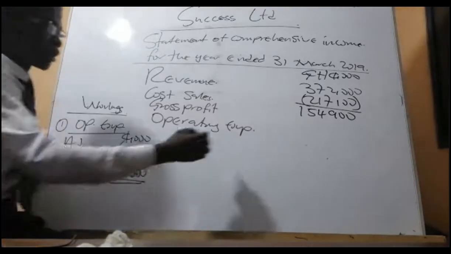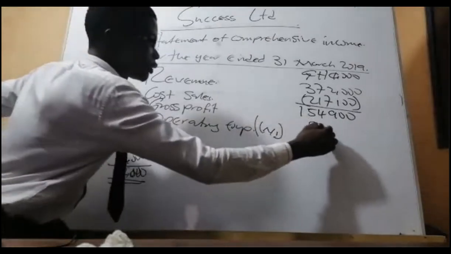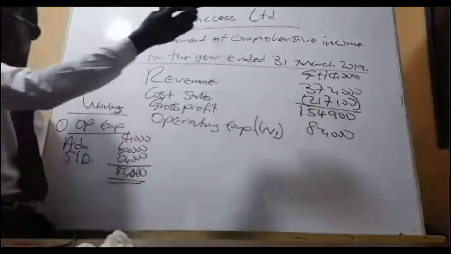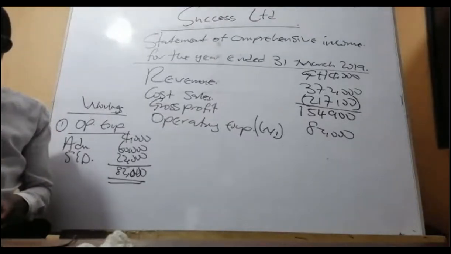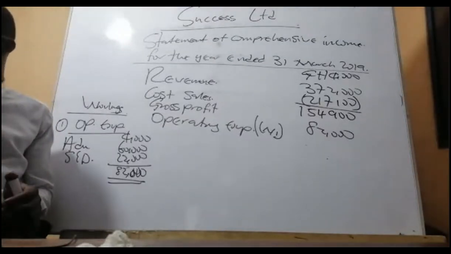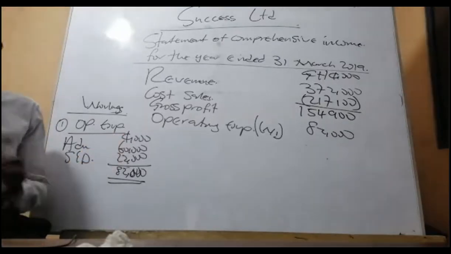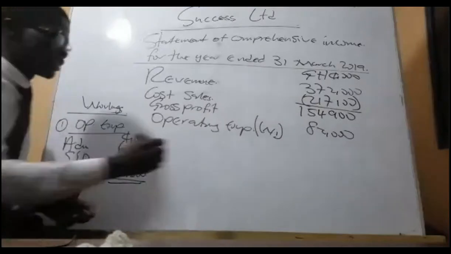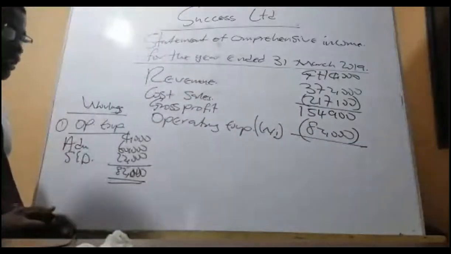So working number one, W1, 82,000. Will I add? I'll add, right? You add, okay, very subtract, right? All expenses are subtracting. That's it. Fine.